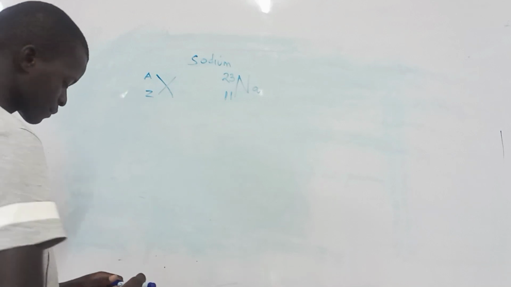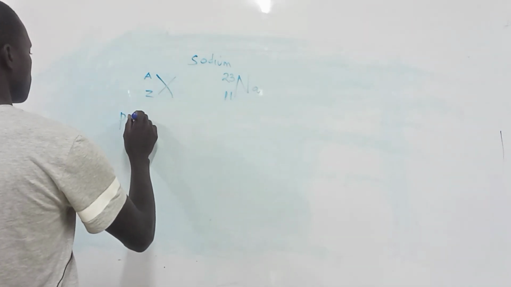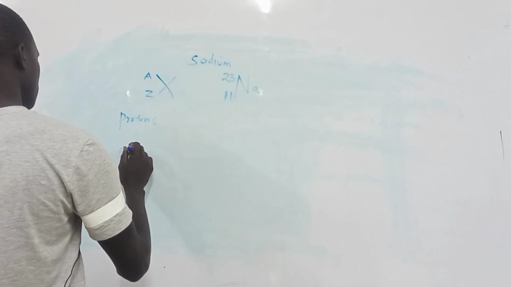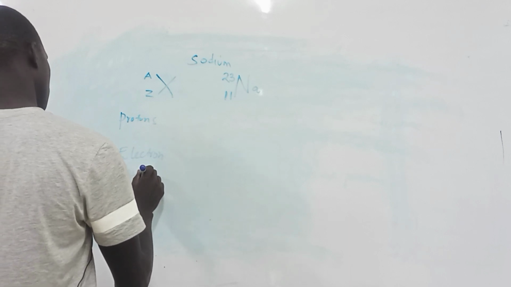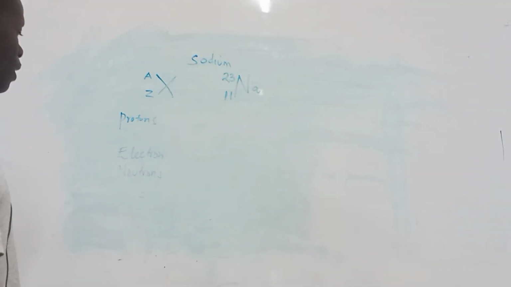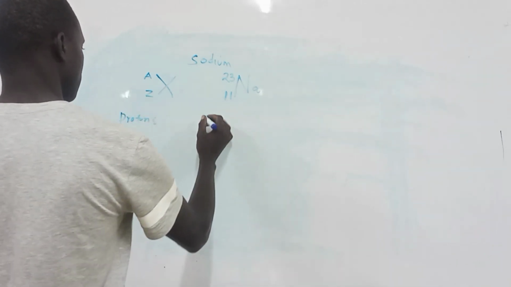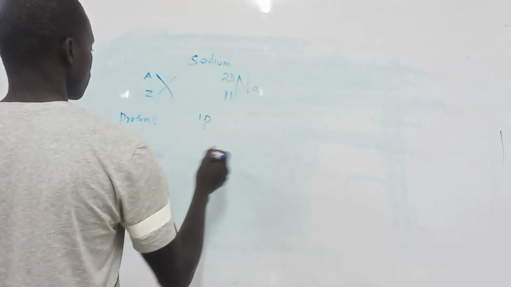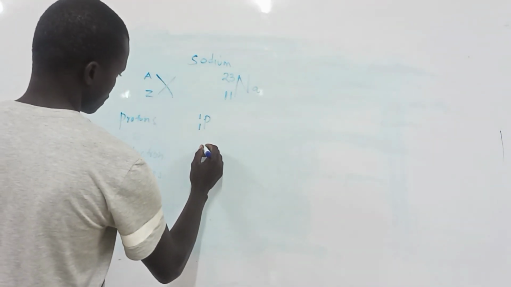We have protons, electrons, and neutrons. For a proton, you have P. It has a mass of 1 and a charge of positive 1. For electrons, we have small e.